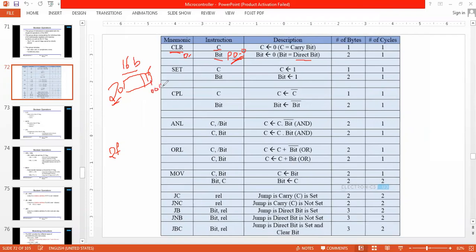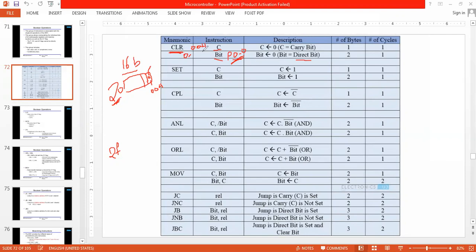So if I write CLR 00H, it means a particular bit. Then this bit 0 of the 20H memory location is going to be made 0 by using the CLR instruction.